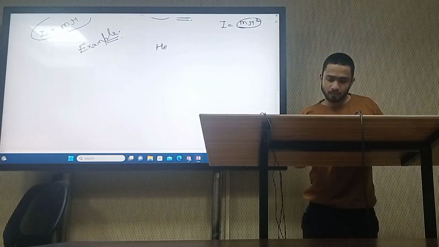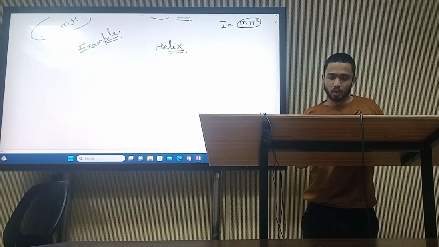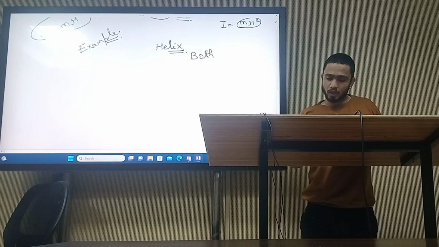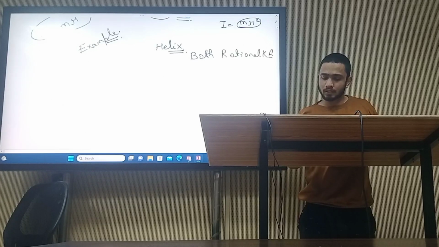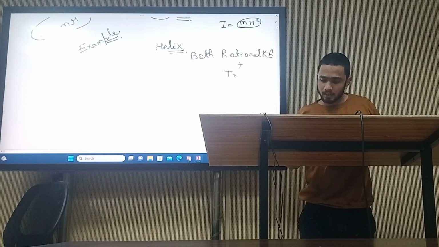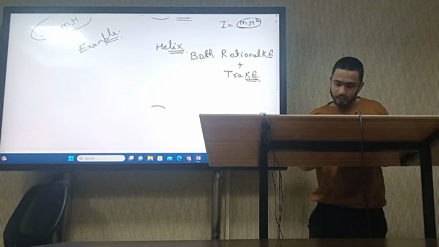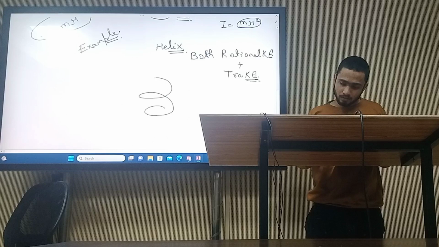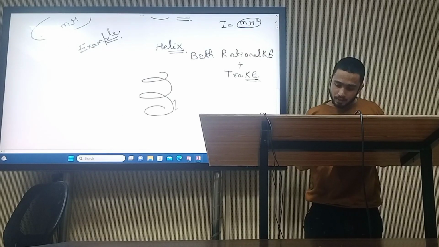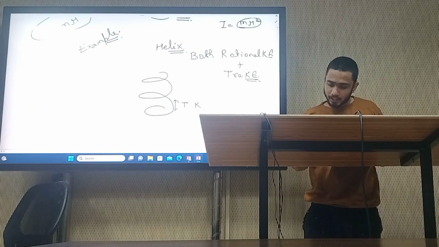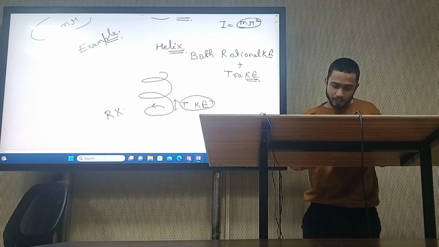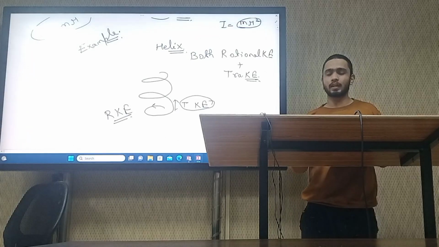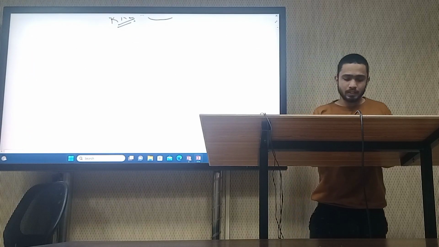In the helix, it has both rotational kinetic energy plus translational kinetic energy. Like this the particle is moving. This is the translational kinetic energy and this one is the rotational kinetic energy in this helix.